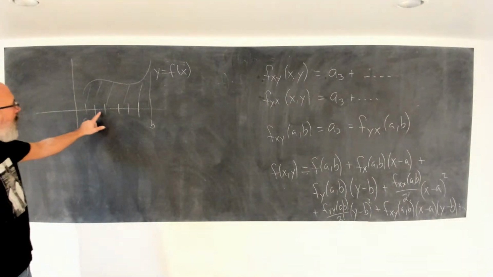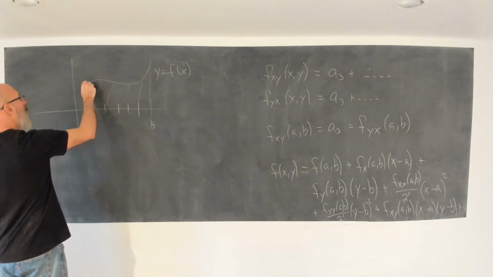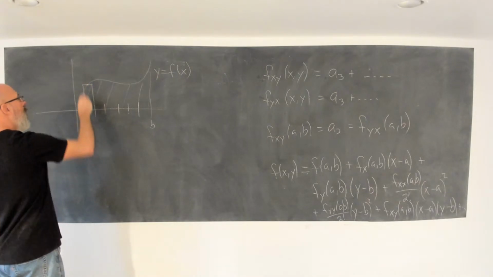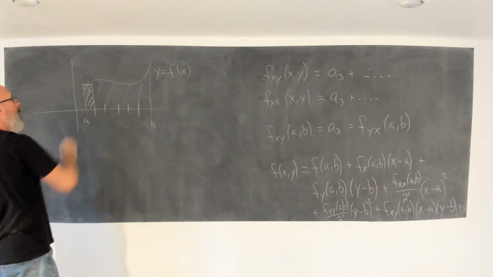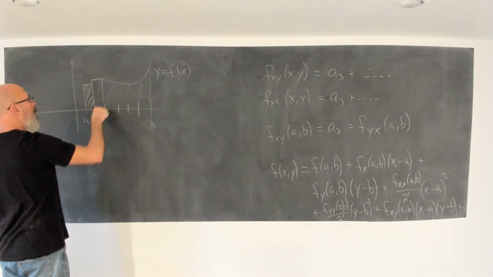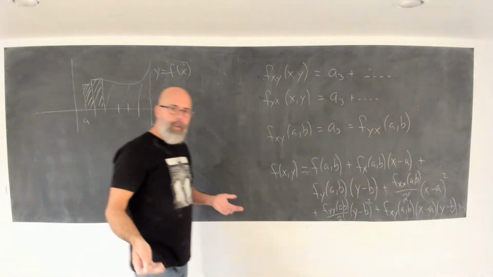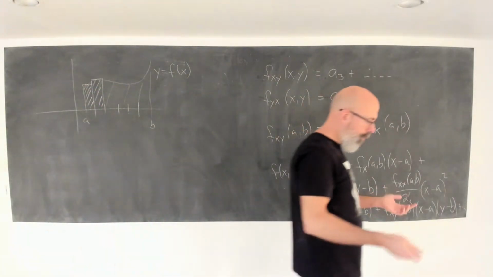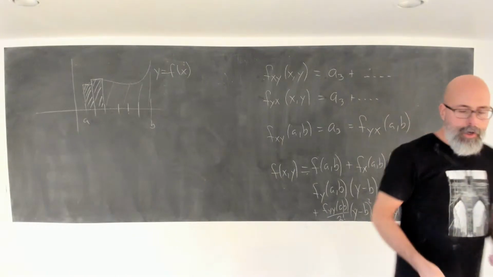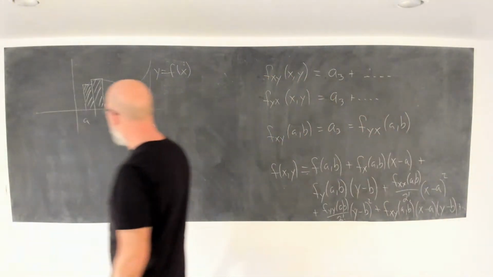And on each subinterval, we took a point and looked at the rectangle with that height, and you repeat that throughout the interval, and you add all of these areas up, and you get an approximation to the area under the graph.